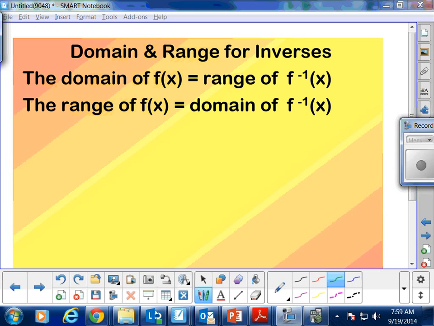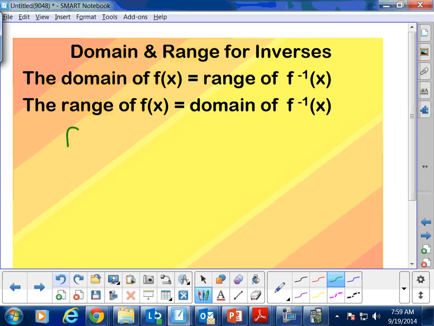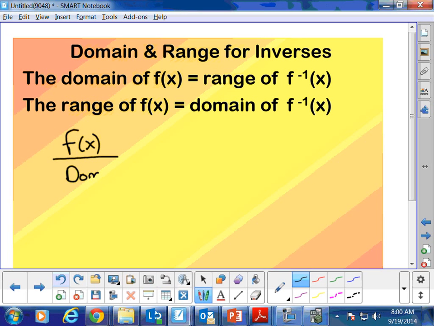Now let me go ahead and have you write something down, because one of the things I want to make sure y'all understand about this concept is the idea that when we find the domain and range of the original function, let me go ahead and switch that color out. Let me put black. Undo that. And now this is one of the things I want you to be able to do. First of all, I want you to find the domain and the range of the original function.